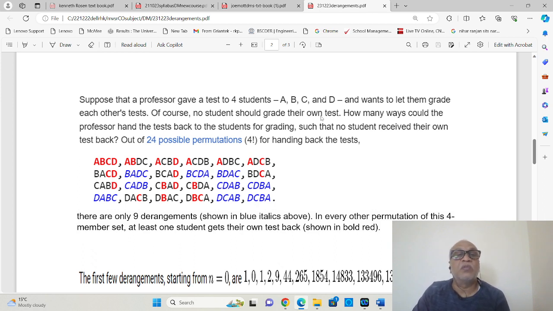Out of these 24 combinations, we have to identify such combinations wherein the student will not get their own test. Here, these blue colored combinations are the examples of students not getting their own test. If you count these blue colored ones, 1, 2, 3, 4, 5, 6, 7, 8, 9, there are 9 such possibilities. So 9 derangements are there.